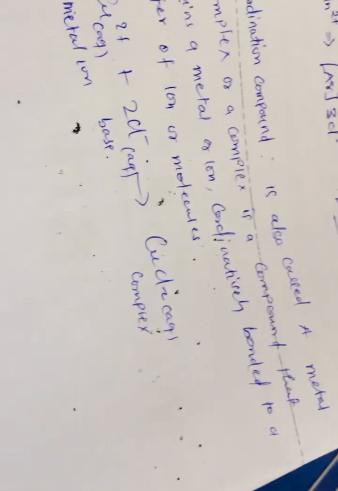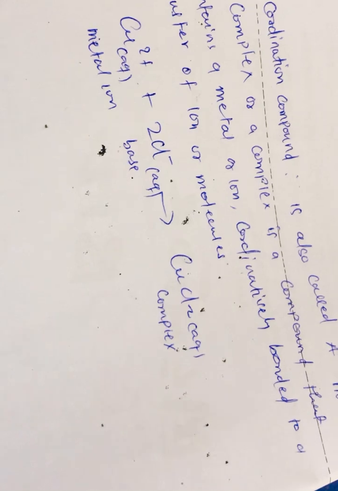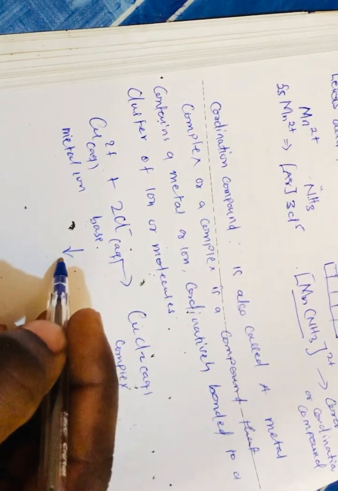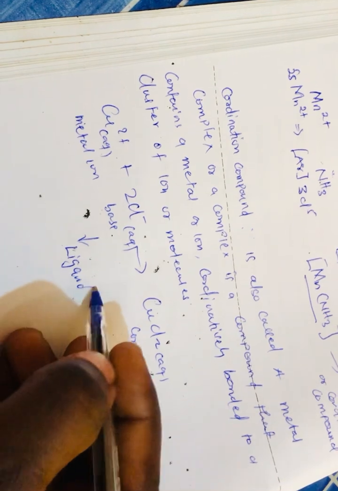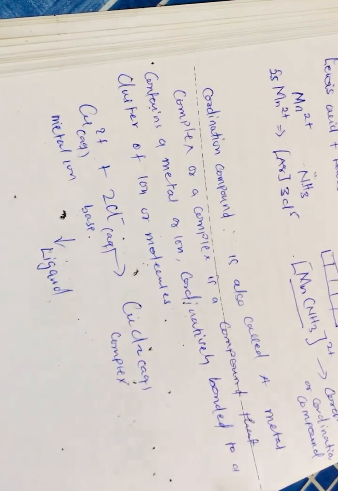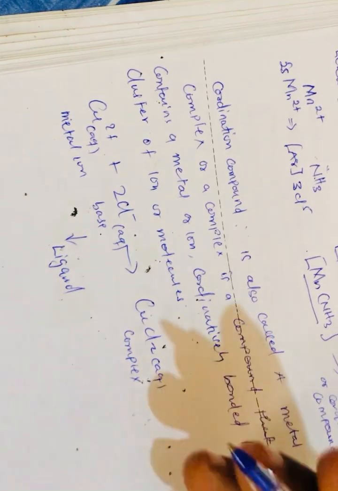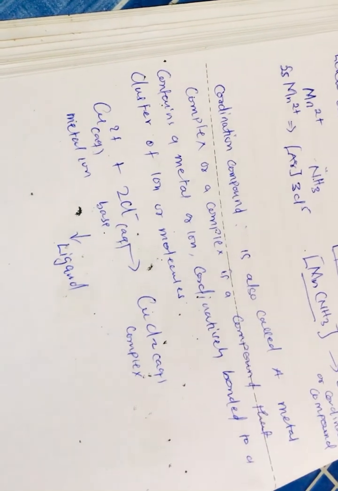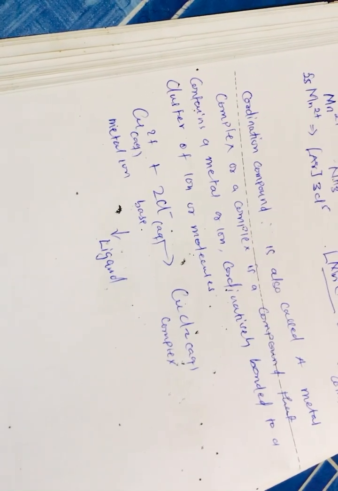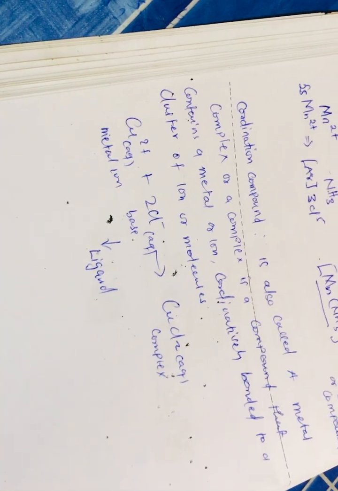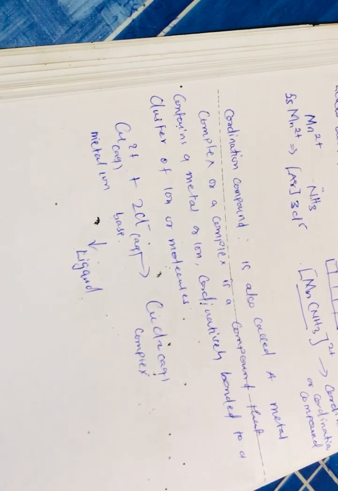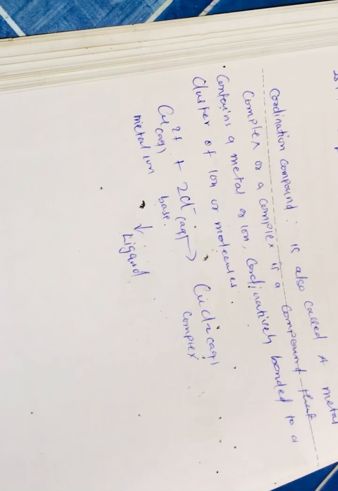And normally the base, those that donate the electrons, are called the ligands. So whenever you see those clusters bonded, they donate the electron. This is coordinate bonding. If the ligand donates all the electrons in the bonding, then we call it coordinate bonding. That's why it's called the coordination compound here.